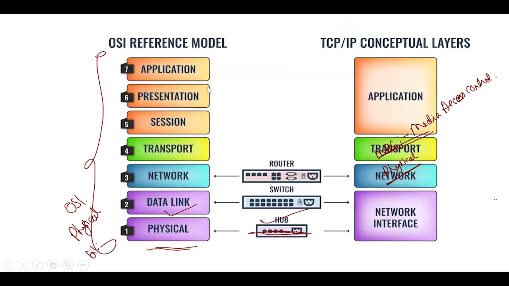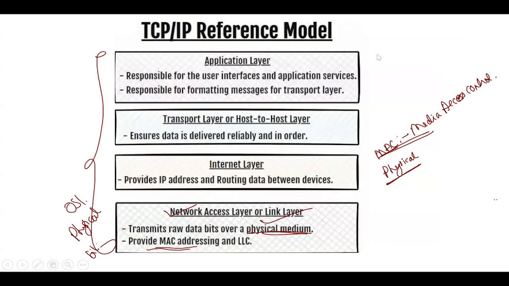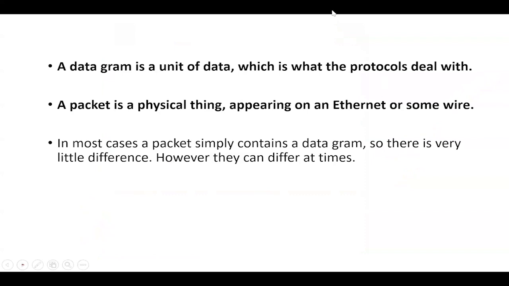We spoke about the datagram. Now, what are these datagrams? They are nothing but a unit of data, just like we spoke about segments, packets, and frames in OSI. So here the datagram is a unit of data, which is what a protocol deals with. All these protocols are trying to send the datagram over the network. A packet is a physical thing appearing on the Ethernet or some wire.